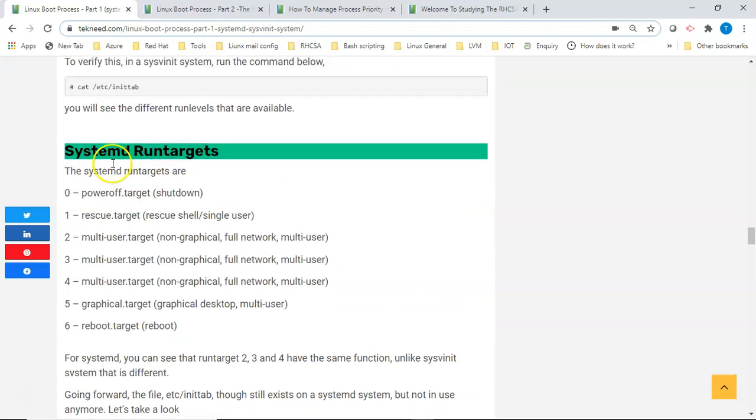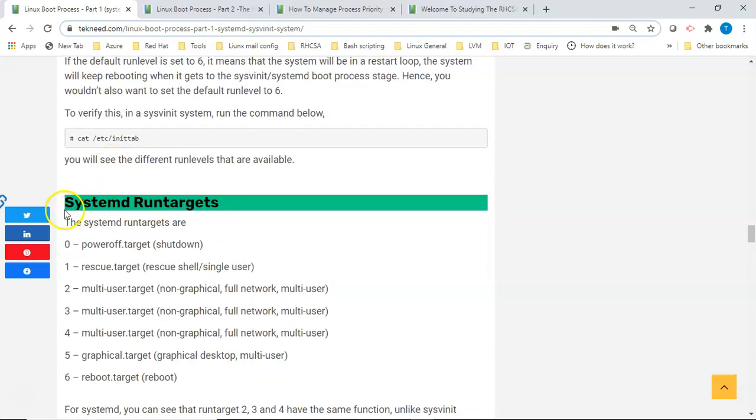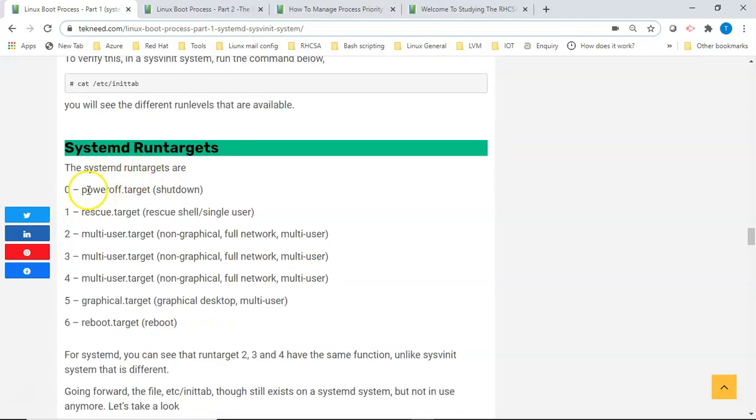Anyways, we are looking at Red Hat 8, so we're concerned with the systemd run targets. We have mode 0, which is the poweroff.target. We have mode 1, which is the rescue.target. We have the multi-user.target, which is non-graphical, with full network and multi-user interface.